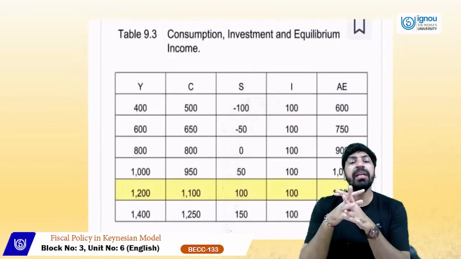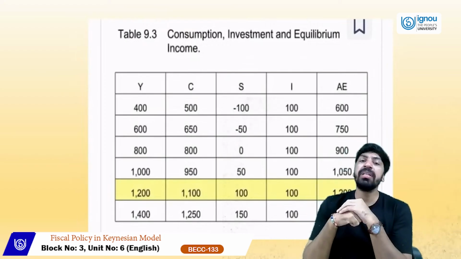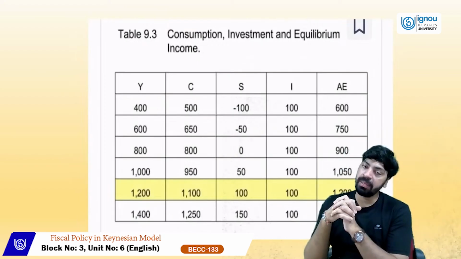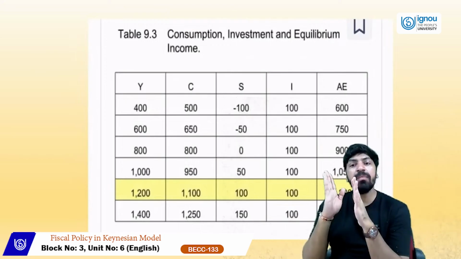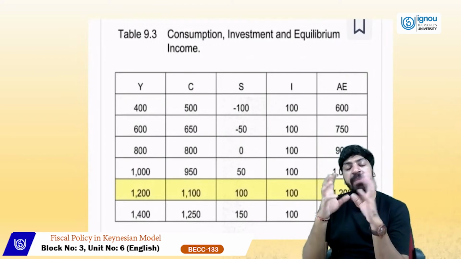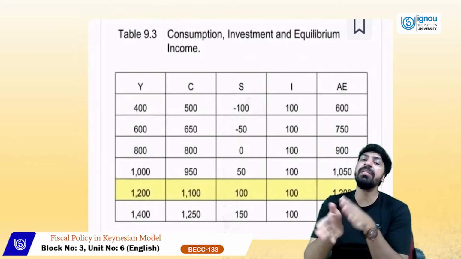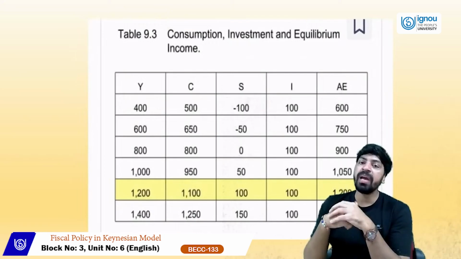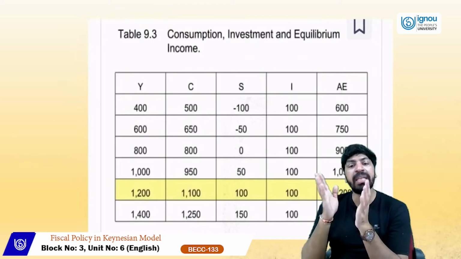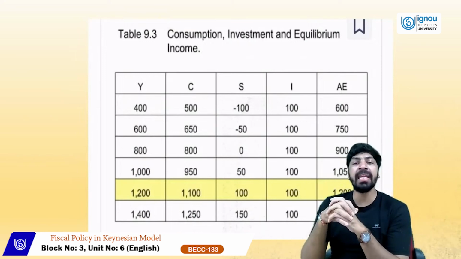So this is how we use the schedule relating consumption, investment and equilibrium income. In this schedule we have to show that aggregate expenditure is equal to income, and that C plus I is equal to AE.